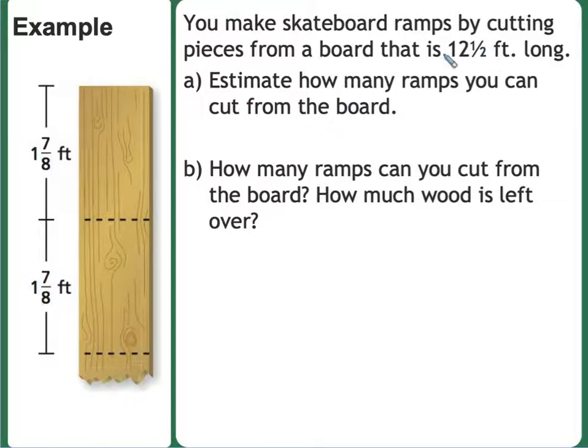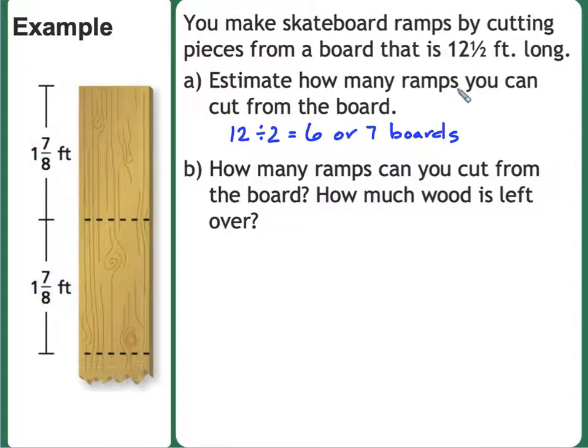Well, if I'm at about 12 and this is about 2, so if I have about 12 feet and each ramp is about 2, I would think that we would have about 6 boards. Now, since this is a little more than 12 and this is a little less than 2, you might even think 6, or we might squeeze out a 7th board.